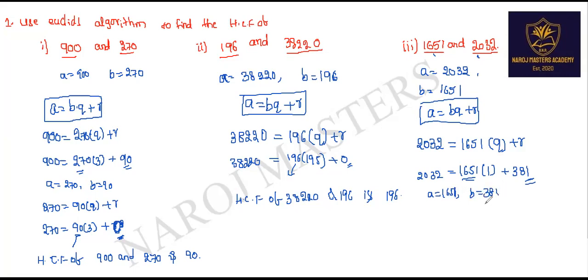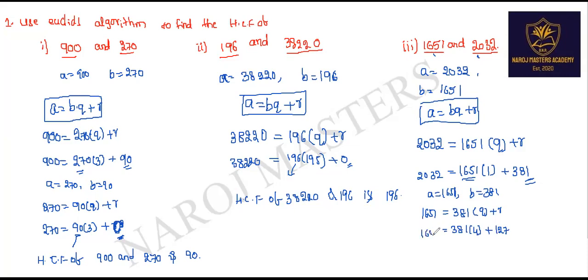Okay, now substitute these two values in this. 1651 is equal to 381 into Q plus R. How many times of 381 is equal to 1651? Approximately 4 times. 4 times will give around 1500. So 381 into 4 plus 127 is the remainder here.